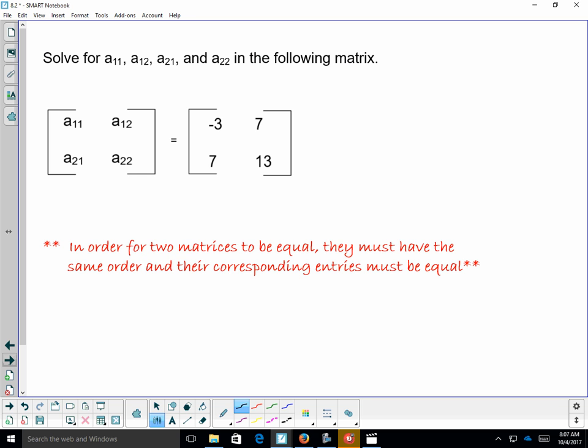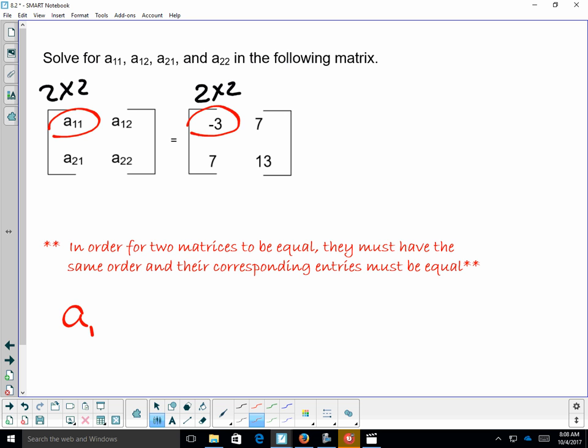So if I have this matrix, it's a 2 by 2, which means it's a square matrix. This is also a 2 by 2. In order for two matrices to be equal, they have to have the same order. In other words, they have to both be 2 by 2s, 3 by 3s, 3 by 1s, whatever. They have to have the same number of rows and the same number of columns. In order for these two matrices to be equal, the element in row 1, column 1 of the first matrix has to equal the element in row 1, column 1 of the second matrix.